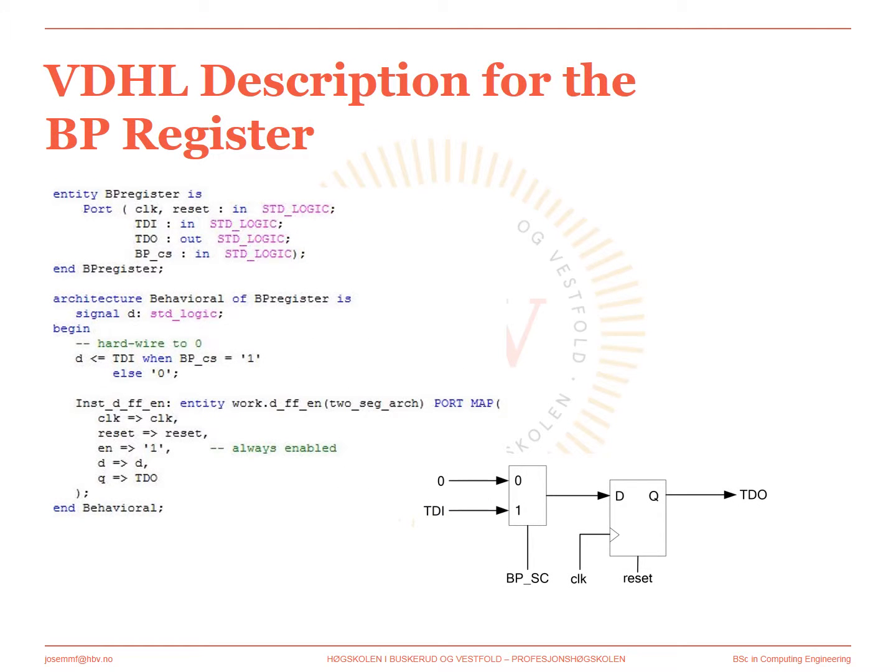The bypass register has, in addition to clock and reset, 2 inputs, TDI and BPCS, and 1 output, TDO. The MUX chooses between TDI and the hardwired 0 with the BPCS signal, and the flip-flop works normally, taking in the result of the MUX and sending it to TDO.